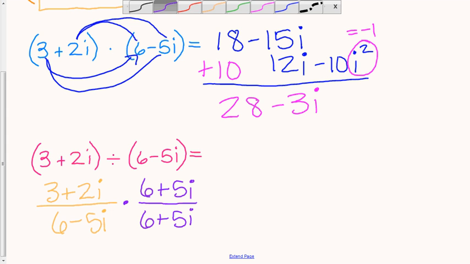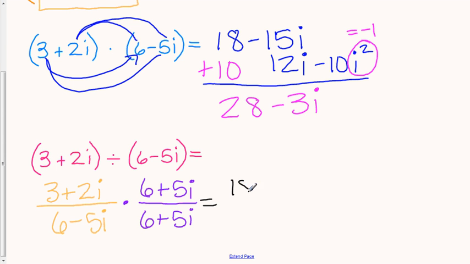And then just going through and multiplying everything. So in the numerator, 3 times 6 is 18. 3 times 5i is 15i. 2i times 6 is plus 12i. And 2i times 5i is plus 10i squared.